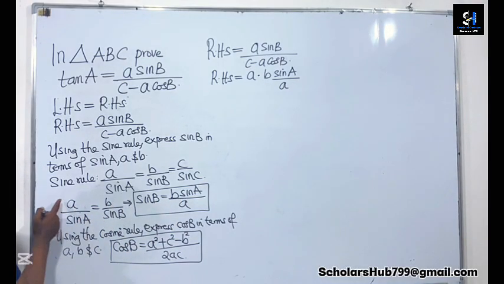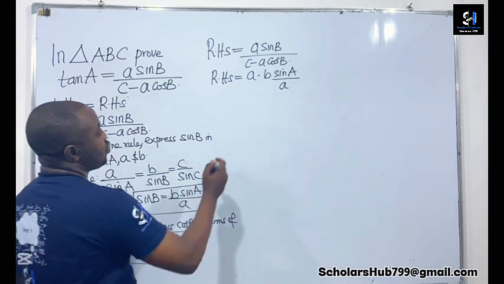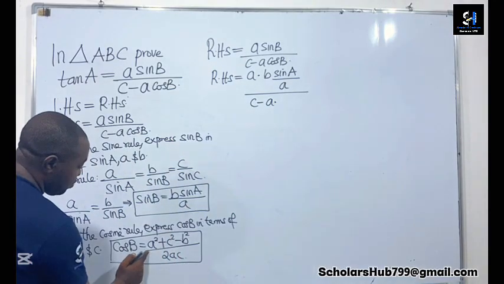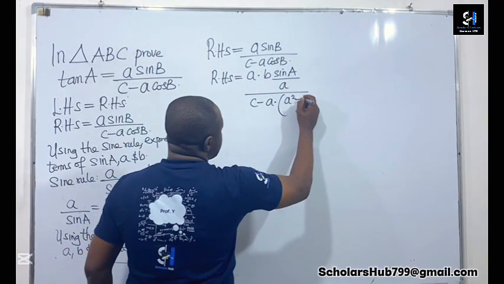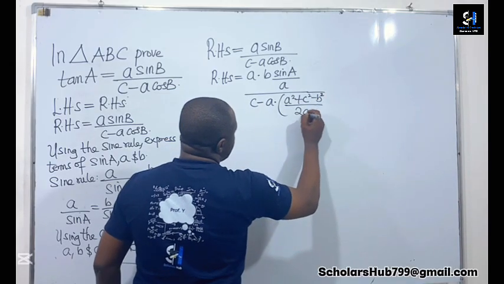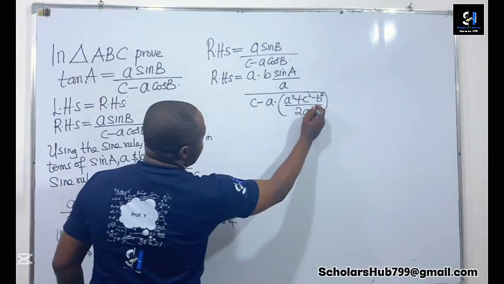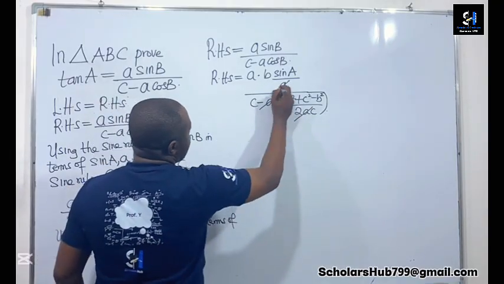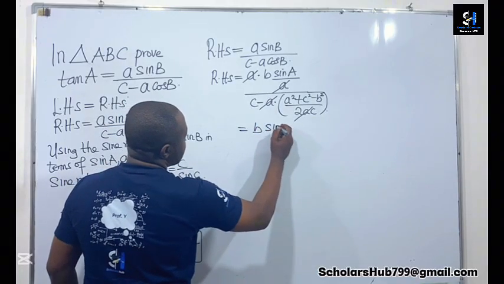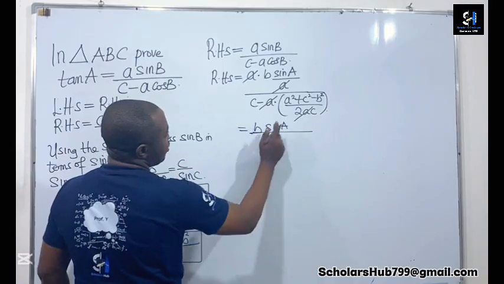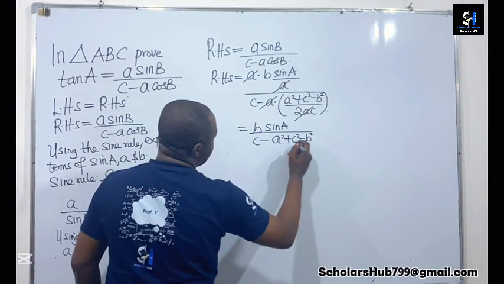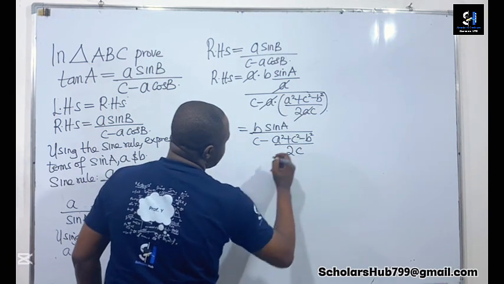Then we take this one here and bring it here, so divided by c minus a times cos B, which is a squared plus c squared minus b squared divided by 2ac. Now a divided by a will be 1, and a divided by a will be 1 as well. So the numerator becomes b sin A divided by c minus a squared plus c squared minus b squared divided by 2c.